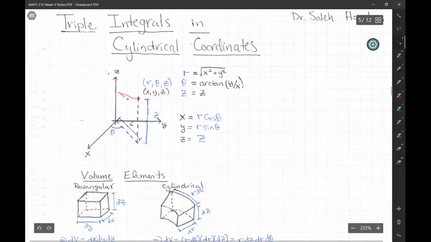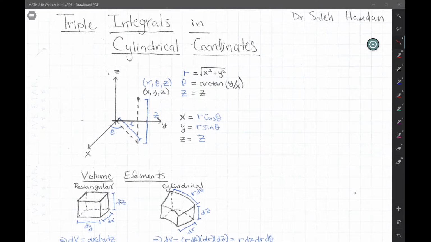So the distance from the z-axis, which you're seeing there highlighted, is going to be the r value. Later on, we'll discuss coordinates called spherical coordinates, which actually do have one of the variables being the distance from the origin in 3D space, but that is not what r is now.